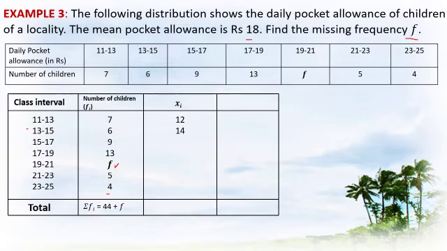Next one 13 to 15, class mark is 14. 15 to 17, class mark is 16. 17 to 19, class mark is 18. 19 to 21, class mark is 20. 21 to 23, class mark is 22. 23 to 25, class mark is 24.